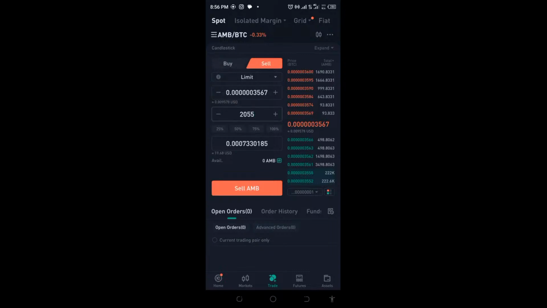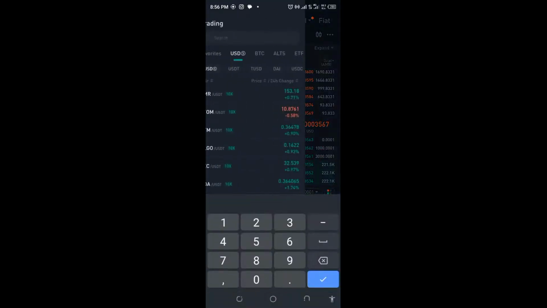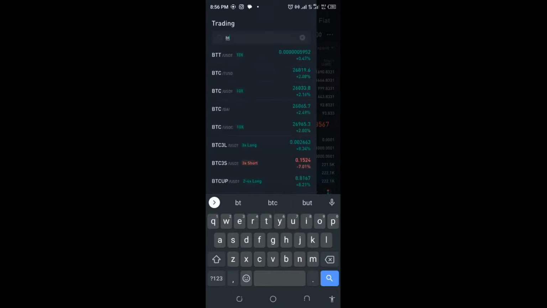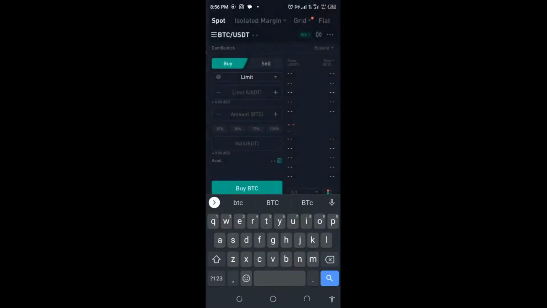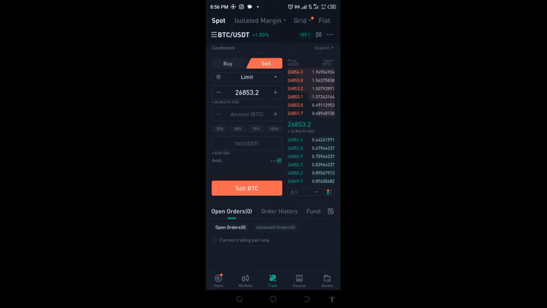Doesn't look so. Doesn't look good. Let's cut that out and check. But it doesn't look good already, so I'm not sure this is going to work. Yes, let's sell it and let's see what we get.